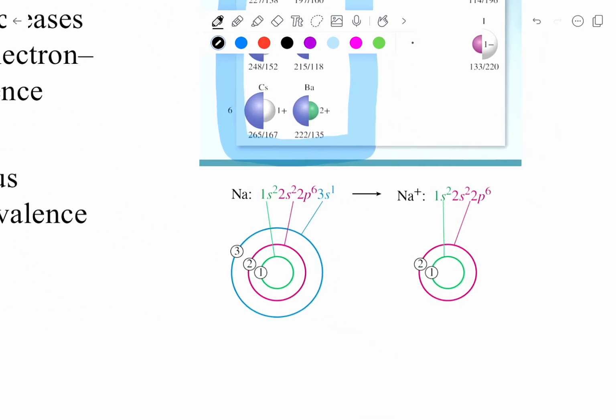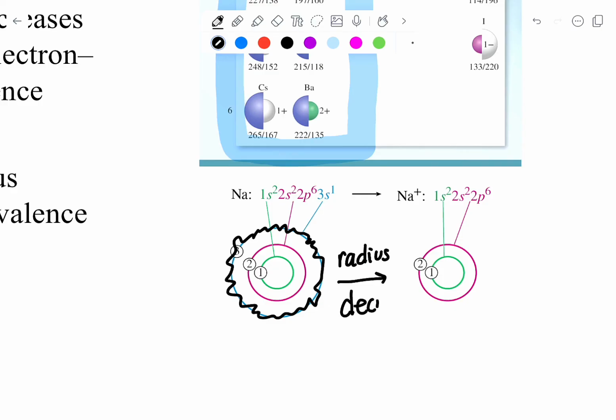Okay, so here I have sodium. Here it is in its neutral form, so it has all of its electrons. When I remove its electron, it's one electron, and create its ion, you're essentially just getting rid of that entire shell. You're removing it, so its radius decreases.